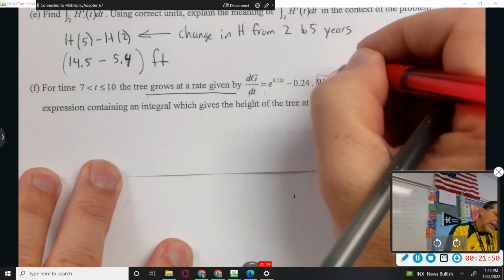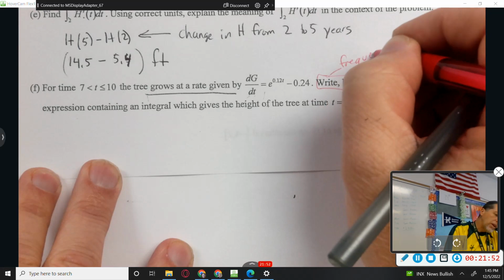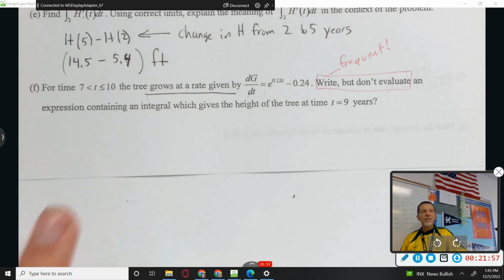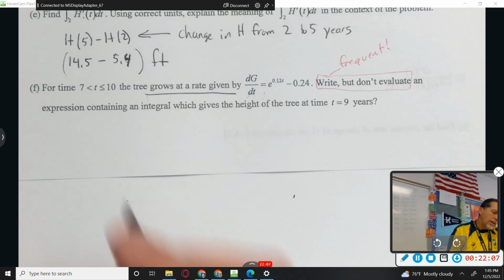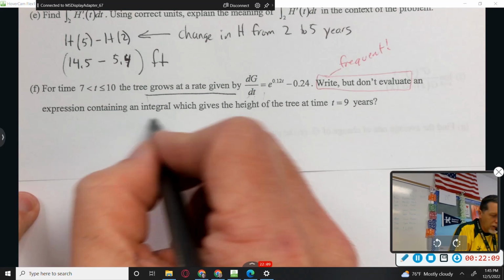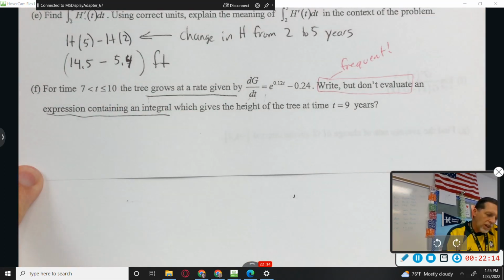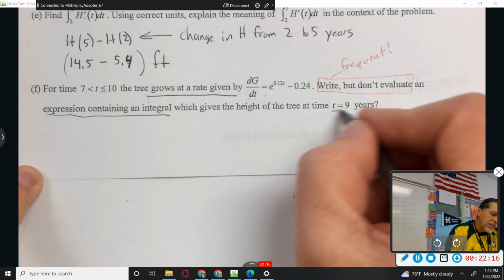That's a fairly frequent thing on the AP test, because usually when they say that, what you write ends up really complicated. They're saying, if you could write it, that's what we're going for, and we don't want to mess with that. An expression containing an integral, so there's your hint that it's going to be complicated, which gives the height of the tree at t equals 9 years.